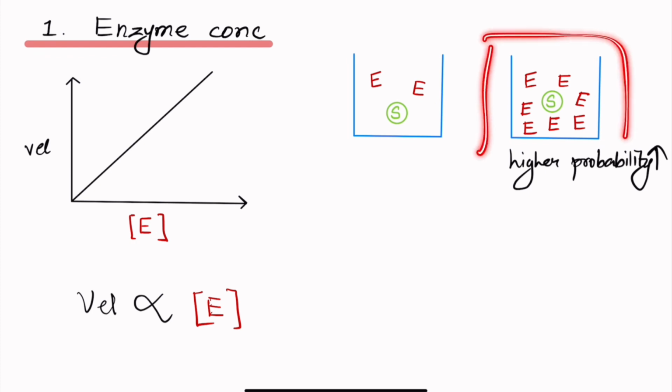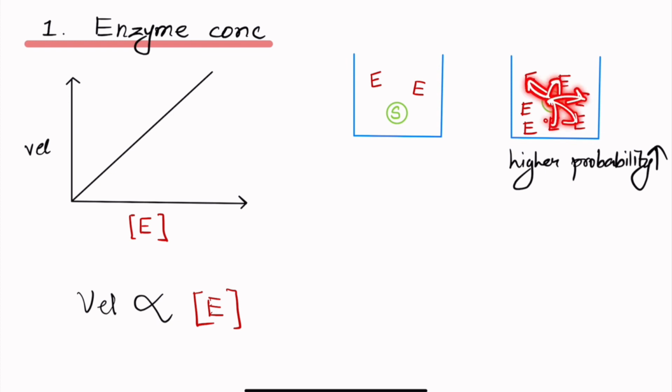In the second vessel, the substrate can combine with any of these seven enzymes and form enzyme substrate complex. So for substrate to form enzyme substrate complex, there's a higher probability in second vessel as compared to first vessel.